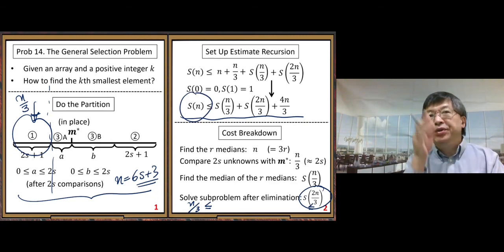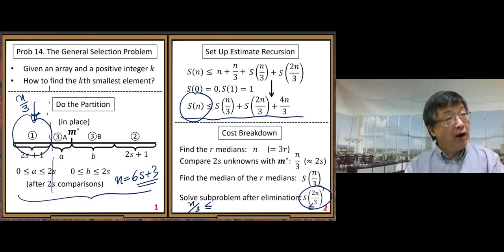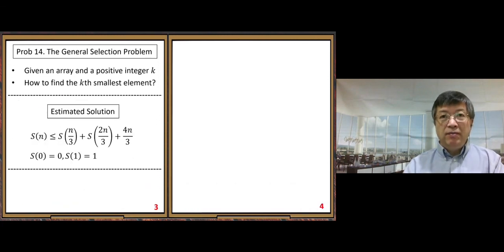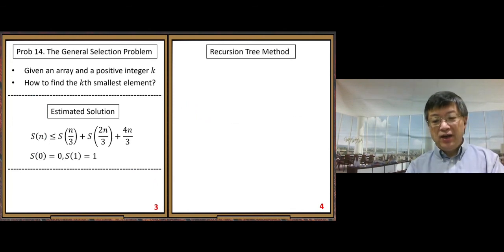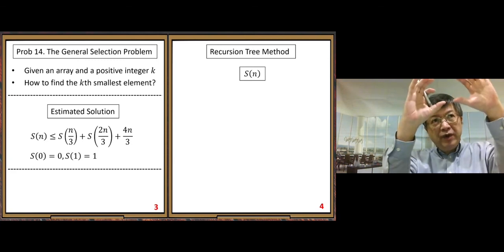The next step, we use the recursion tree to estimate the S of n function. Here you can see if we do not use the recursion tree, it could be pretty hard to estimate S of n. But when we use the recursion tree, it is pretty easy. Recursion tree method: we draw the tree starting from the root.